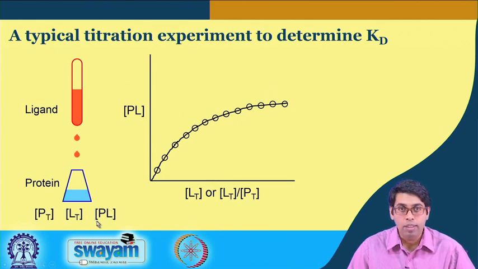So, if we plot the protein ligand complex as a function of the total ligand that is present in this reaction mixture, then you will get a plot like this, because as we are adding more and more ligand, the concentration of the protein ligand complex keeps on increasing, and after some time you will reach a saturation point, which means that even after adding more ligand, you will not get any increase in the concentration of the protein ligand complex. So, it means that we have saturated the protein by adding a lot of ligand.